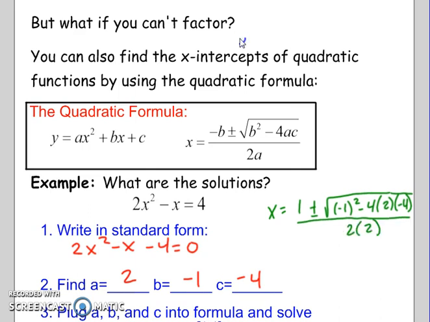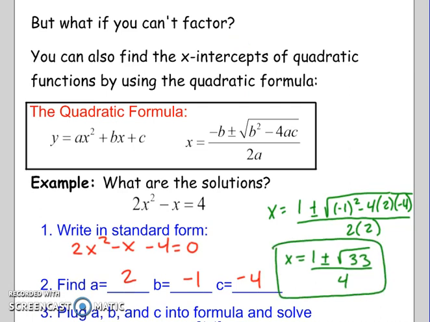And it's important that it's all over 2a, so you're not just dividing the radical part by 2a. Okay, so if we solve this, we're going to get 1 plus or minus, on the inside, we'll get 33, and denominator, we get 4. And we'll leave our answer just like that.